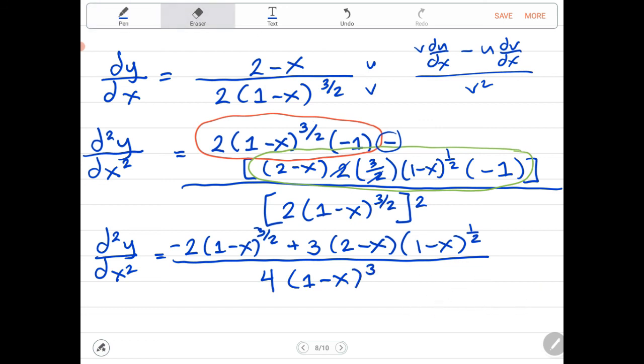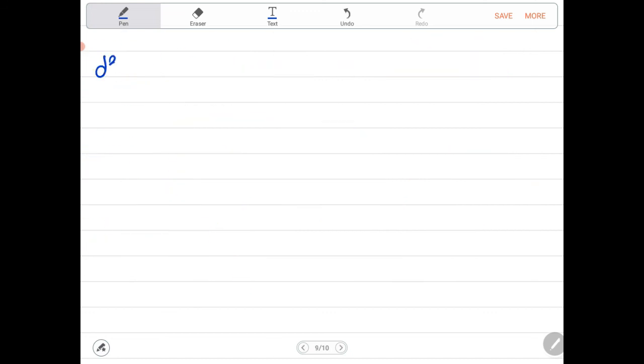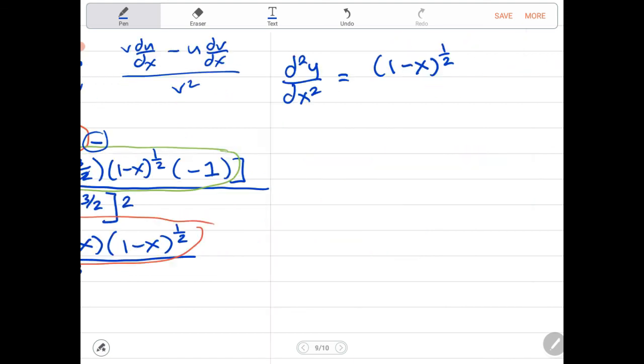Okay, almost there. Look at the numerator, guys. Let us encircle the numerator by color red. Do we have a common factor? Yes, we have a common factor. What is the common factor? That is 1 minus x, but that is raised to 1/2, right? So let us factor out the common factor, 1 minus x raised to 1/2. What will be the remaining?